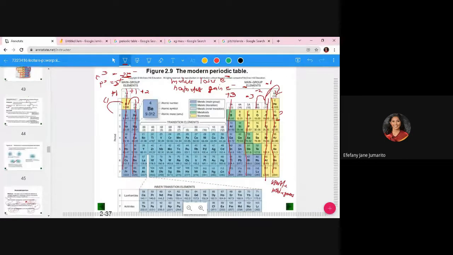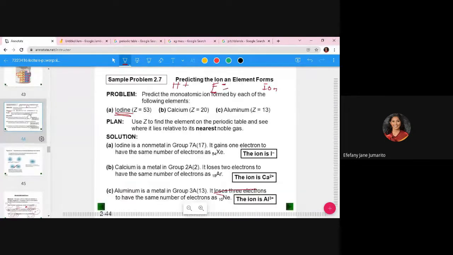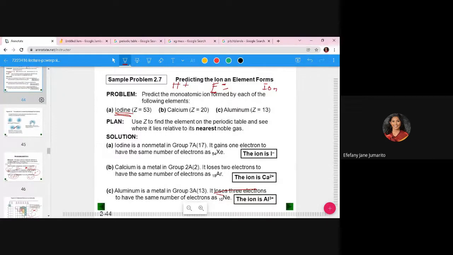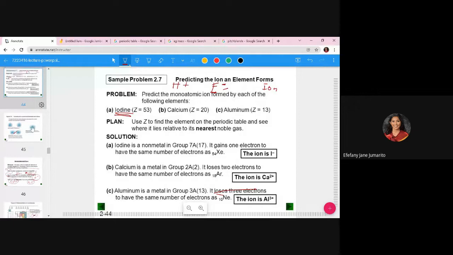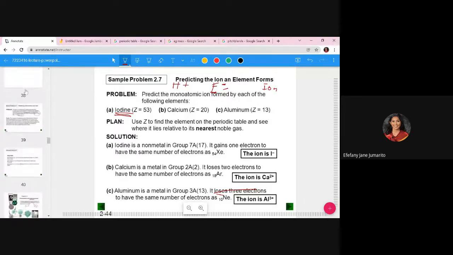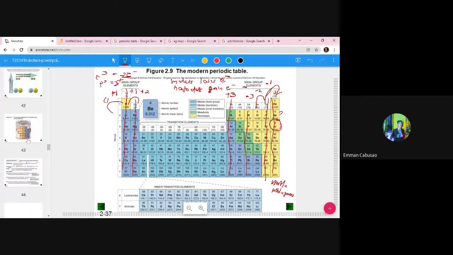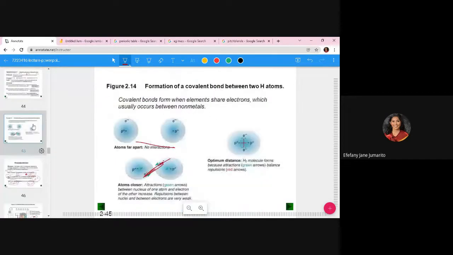Okay, so it means that it needs to gain 3 electrons to become stable and to have the same number of electrons as, just like, Ar. Ano ang Ar? Argon, ma'am. Okay. All right. So we have that one.